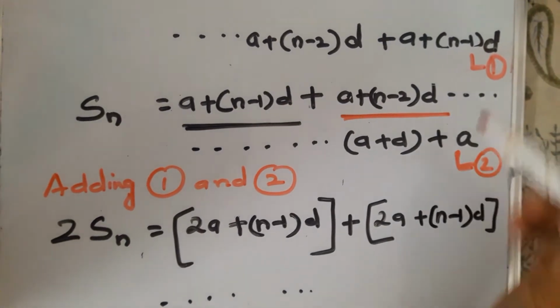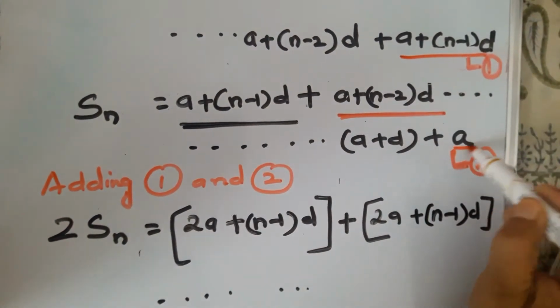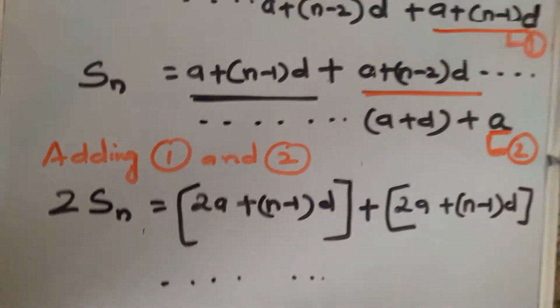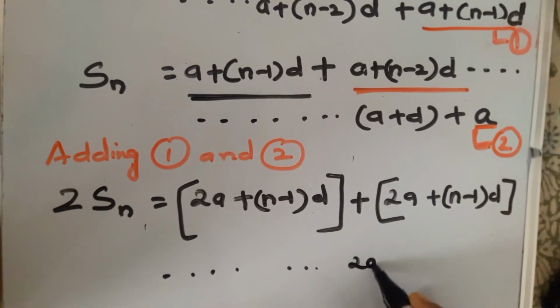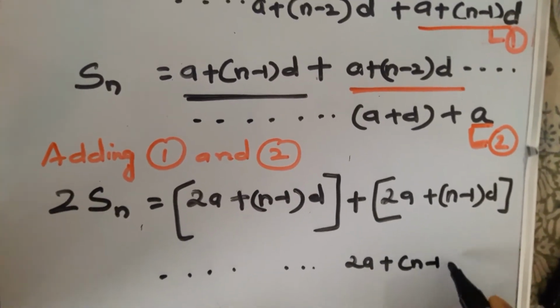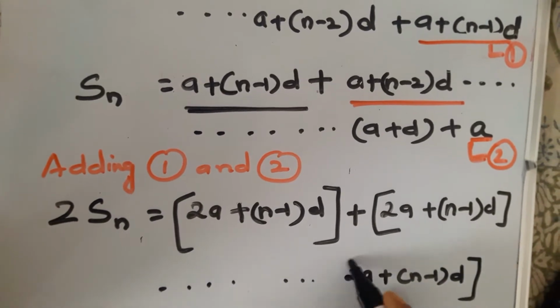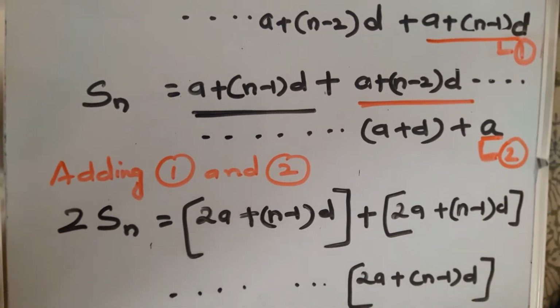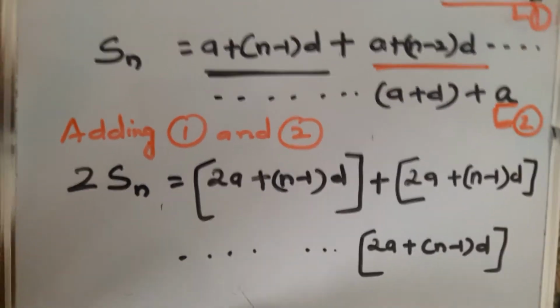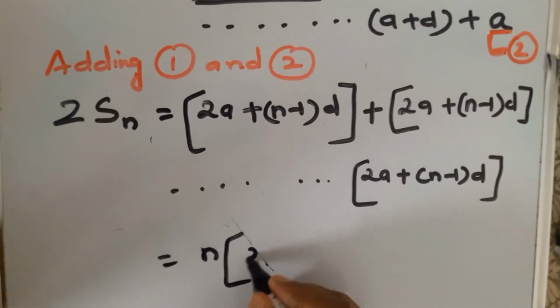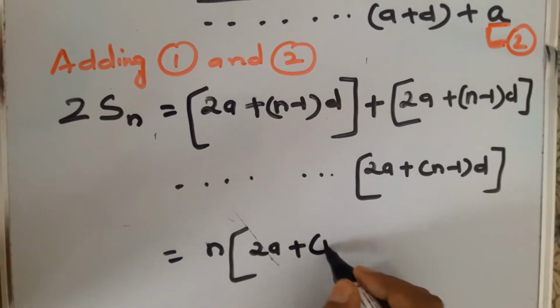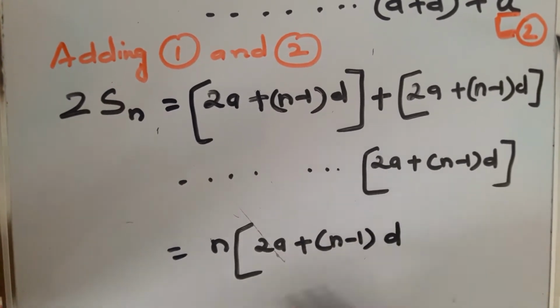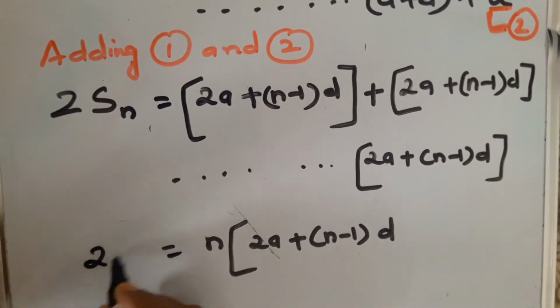Similarly, when you go till the last, you add the last terms also. Which is the last term? This is the last term and this is the last term. You add these two terms, again you will get 2A plus (n minus 1) into D. So how many times will you get? N times, as many as the number of terms. So you can tell this will be n times (2A plus (n minus 1) into D). So this is 2 times Sn.